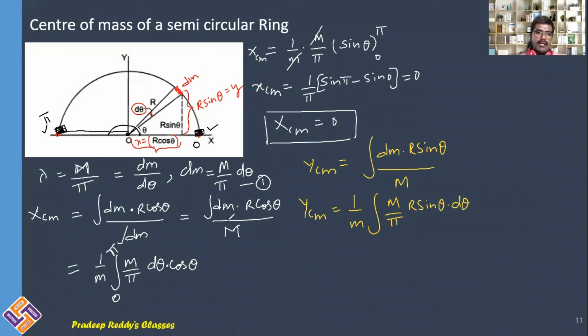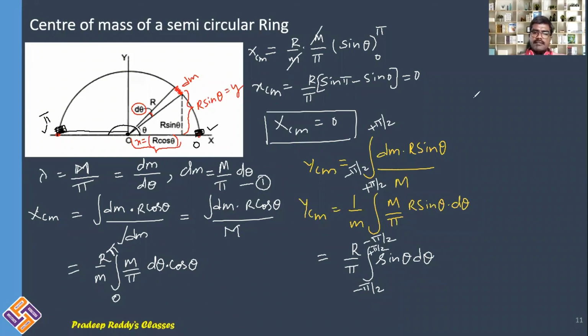However, r comes out. M you can write outside, M gets cancelled. This is 1 by pi. Limits are from minus pi by 2 to plus pi by 2 along the y-axis. And this is integration, r coming out, sin theta d theta. Limits are from minus pi by 2 to plus pi by 2.